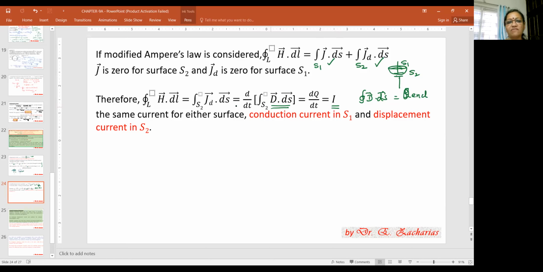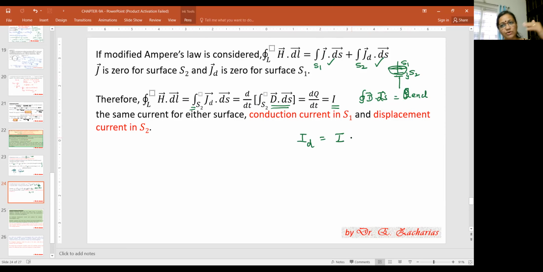And where have you applied it? You have applied it to surface 2. So between the plates of the capacitor, you are talking about a current called displacement current. This displacement current is equal to the conduction current in the conductor.